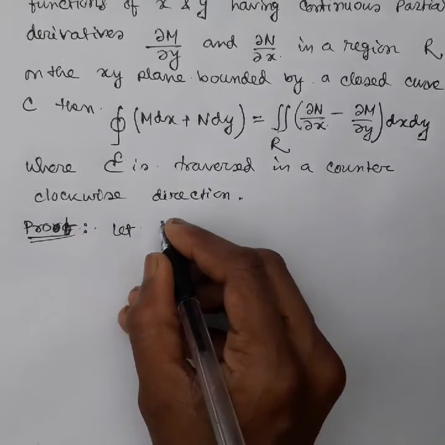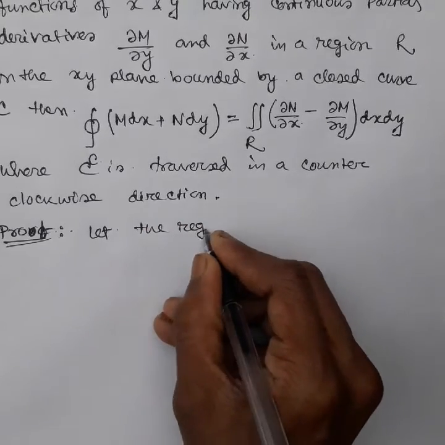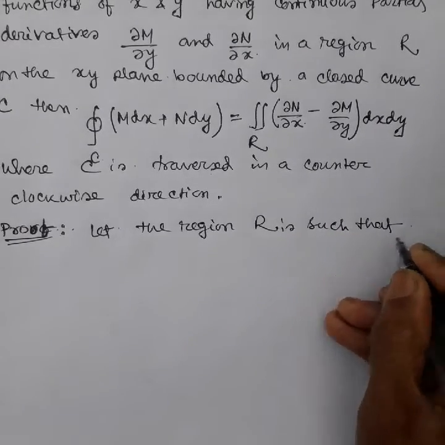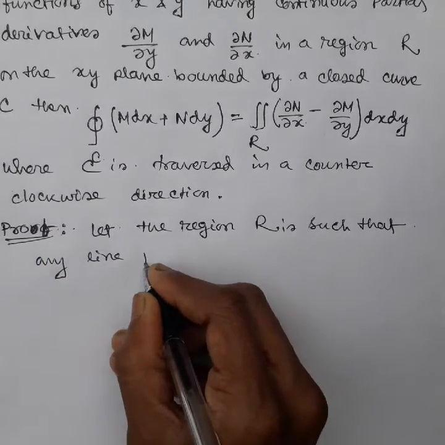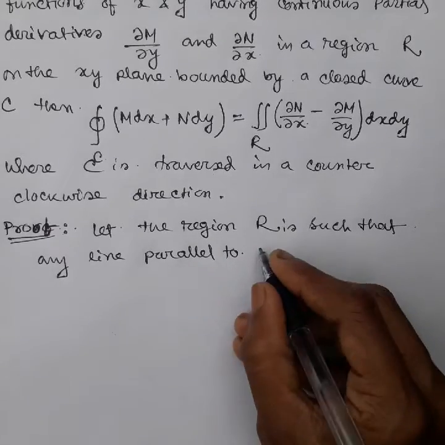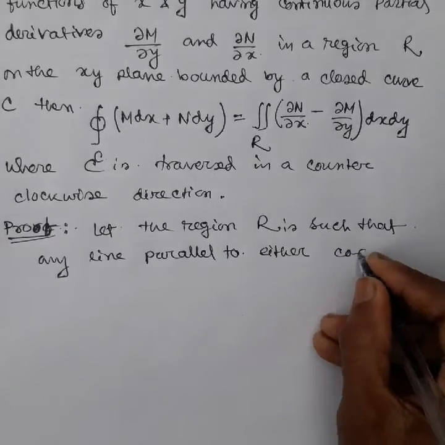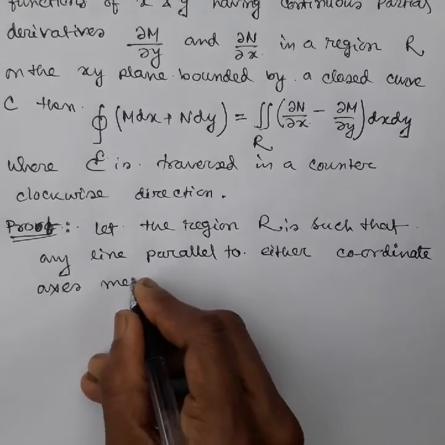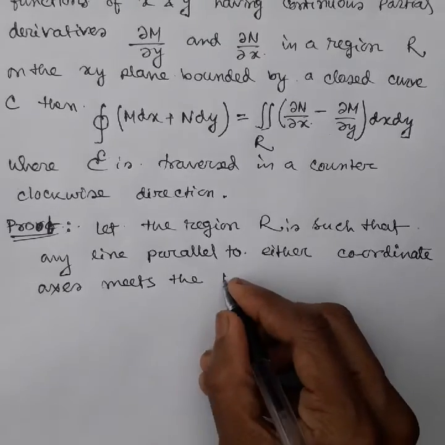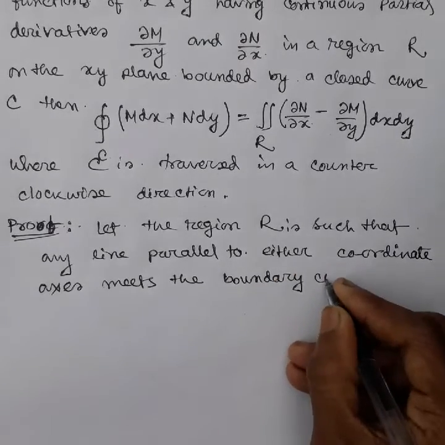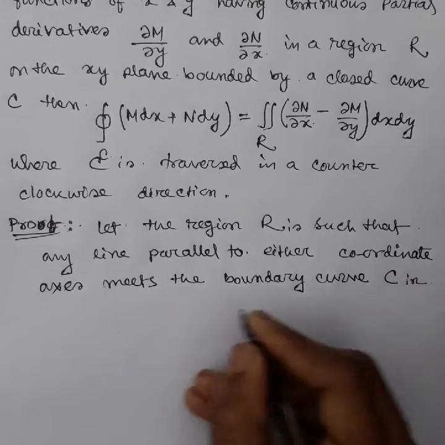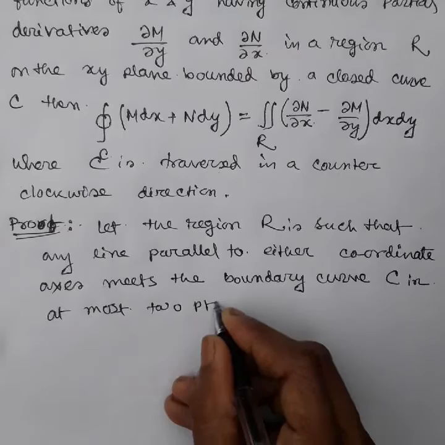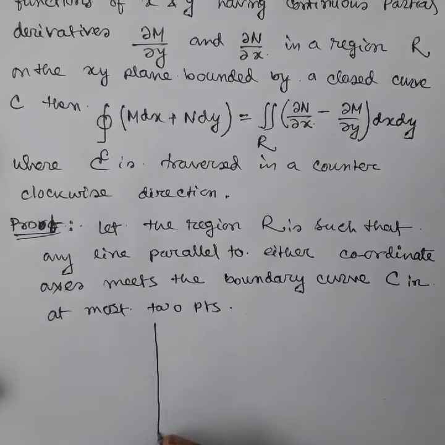Let the region R be such that any line parallel to either coordinate axis meets the boundary curve C in at most 2 points. Okay, so let us draw.